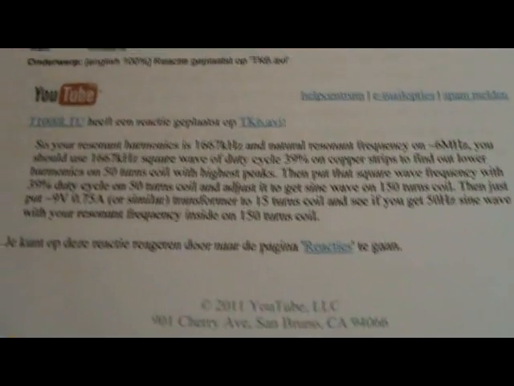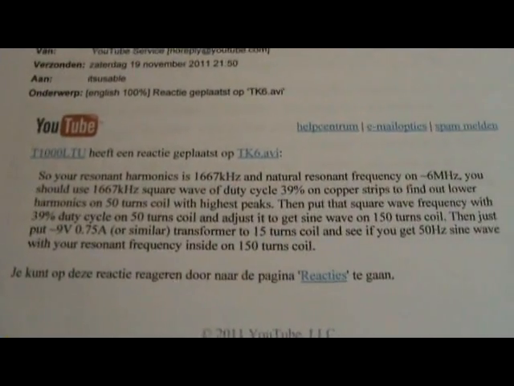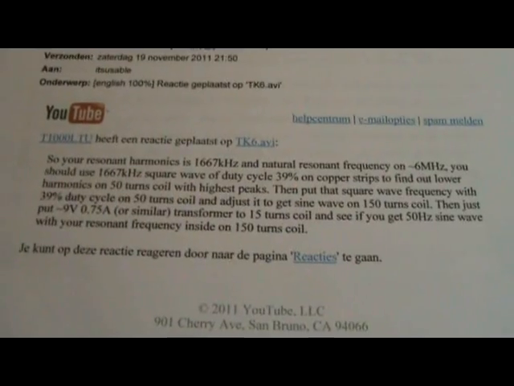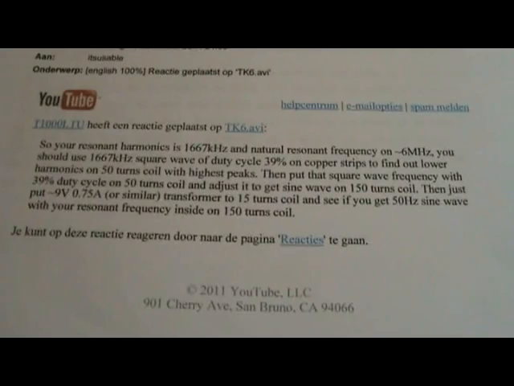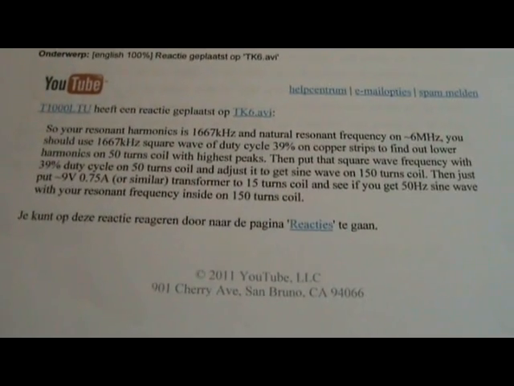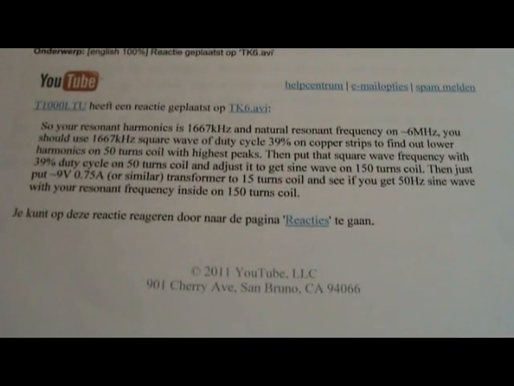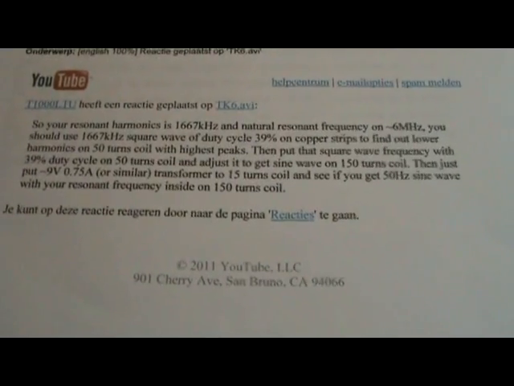The next step T1000 asked me to do is to put that square wave frequency with 39 duty cycle on the 50 turn coil and adjust to get the sine wave.